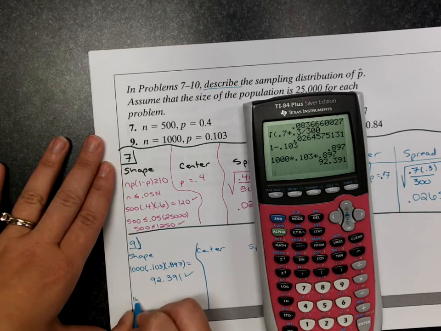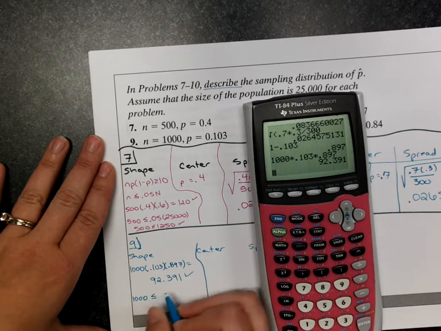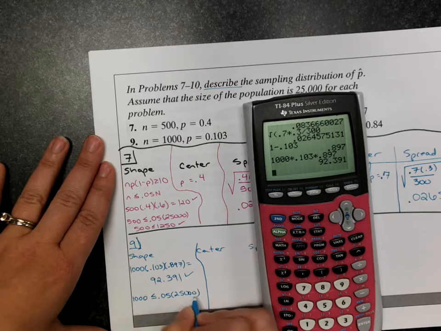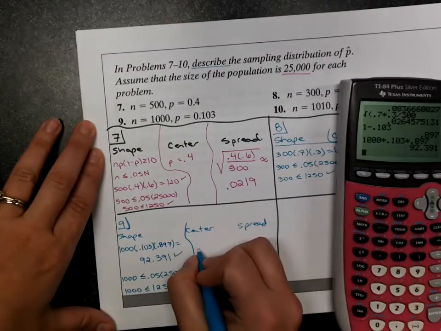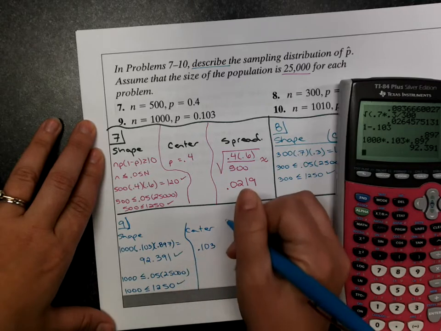And then I just need to make sure that 1,000 is less than or equal to 5% of the population, which again, we've already done that calculation. Is 1,000 less than or equal to 1,250? Yes, it is. And then our center is easy. Our center is at 0.103.